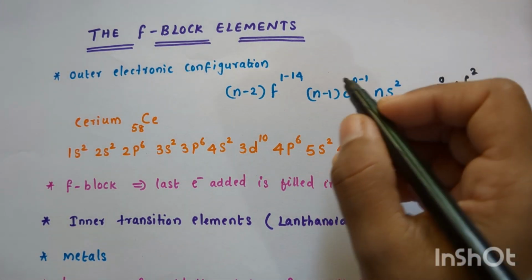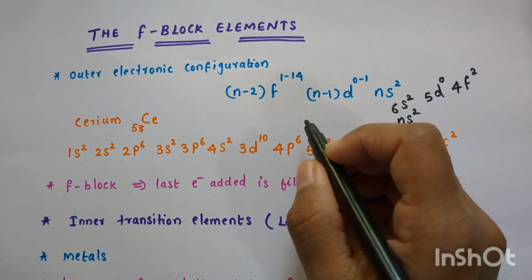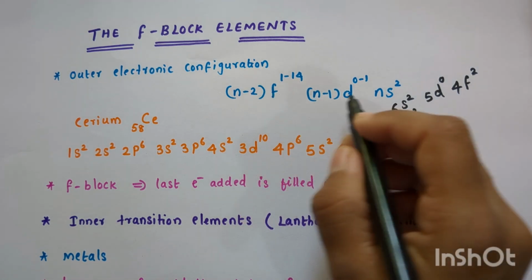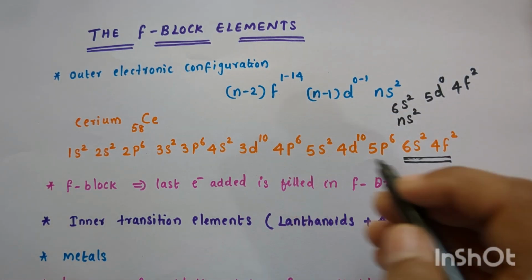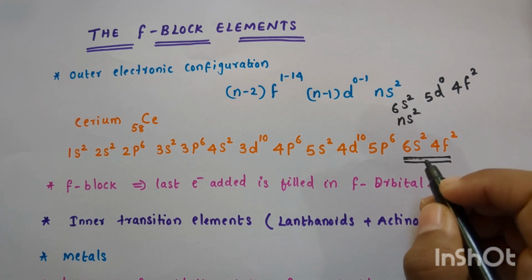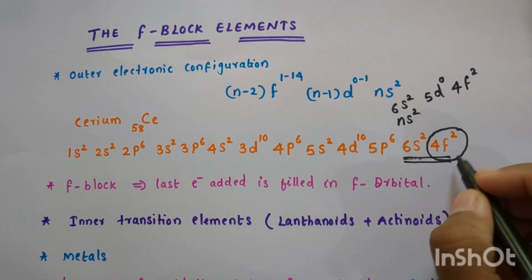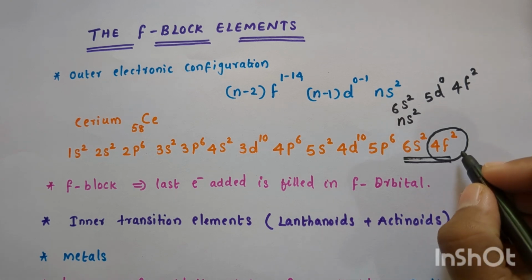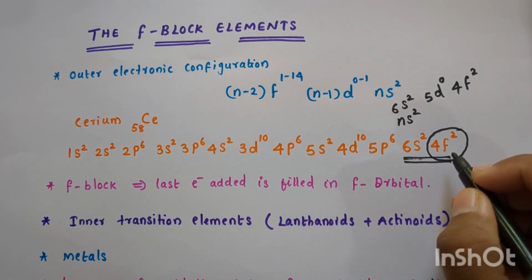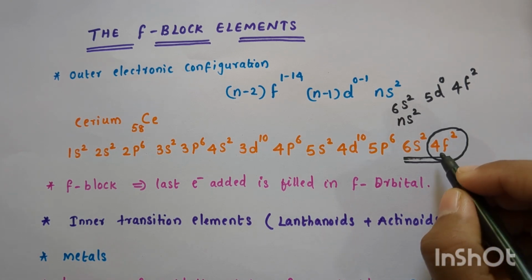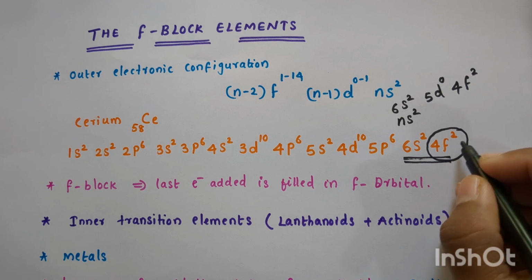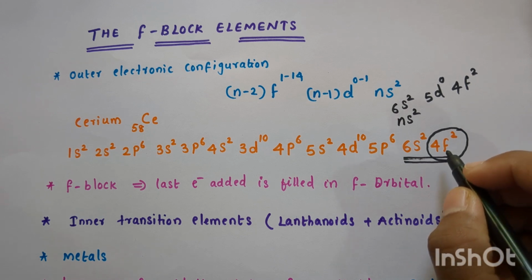Similarly, when you consider any other f-block element, its outer electronic configuration will be like this. For the f-block elements, the f orbital is not completely filled by electrons, because the maximum number of electrons possible for an f orbital is 14. Here we have only 2 electrons in the f orbital.